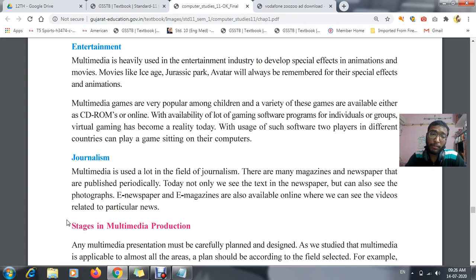Now the next topic in journalism is e-newspapers and e-magazines, which are available online. Just imagine at home you receive a newspaper. No issue. But if you are on a tour, or going on a picnic, you won't be able to get that newspaper over there.